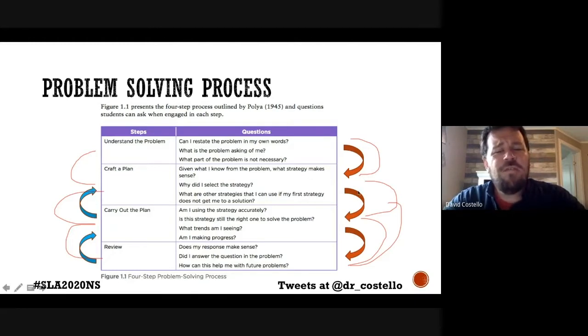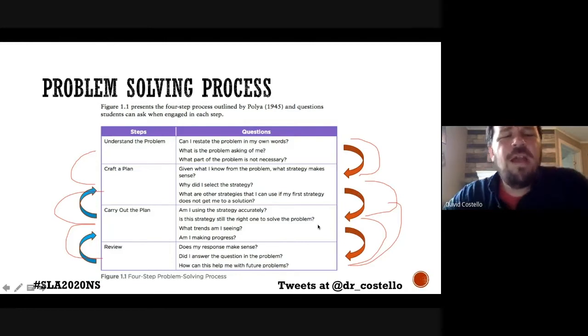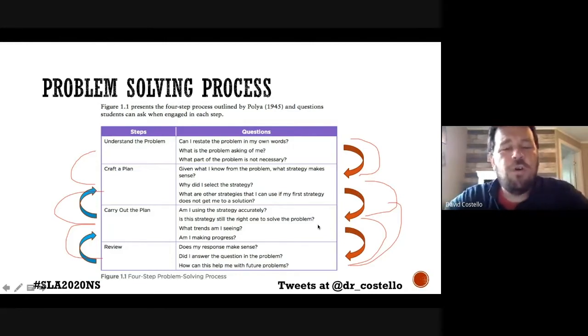And then we can go to craft a plan, carry out the plan. I've shown them work before where I'm all the way down at reviewing, and I have to go all the way back to understanding the problem just to see if that's making sense or if I missed something. So it's a fluid process that they have to be comfortable with.